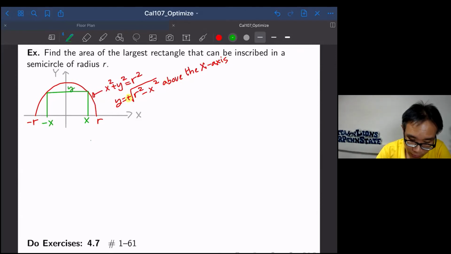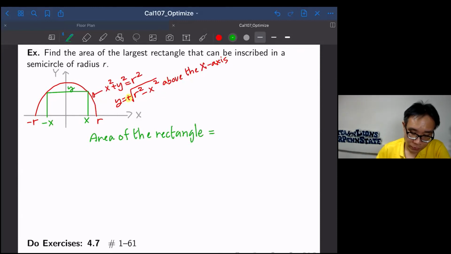So you have the area of the rectangle equal to 2x, so the length here turned out to be 2x, and the height here turned out to be y, right? So it's multiplied with y.